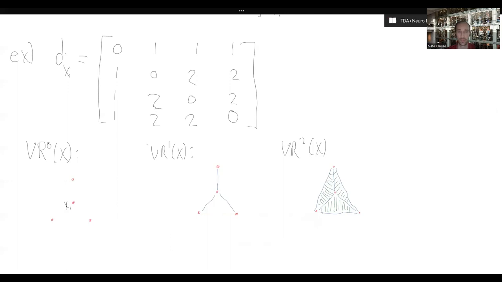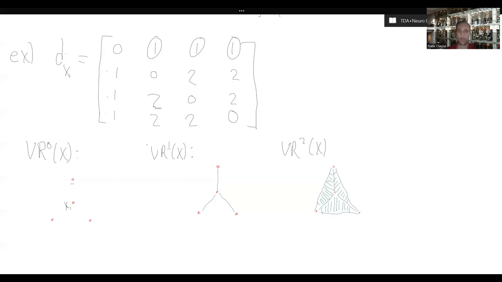Then, if we go to the Vietoris-Rips complex at scale parameter 1, we see there are these edges connected, corresponding to these ones. So we have three ones, and then the symmetric three ones correspond to 3 edges that got added when the scale parameter was increased to 1.